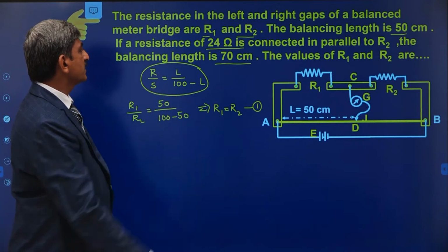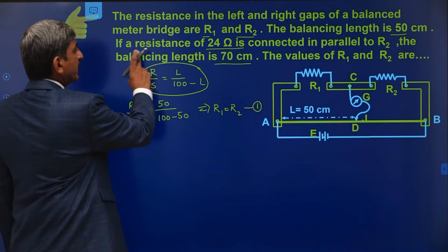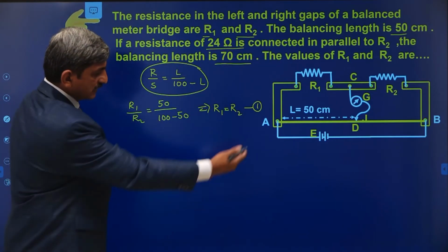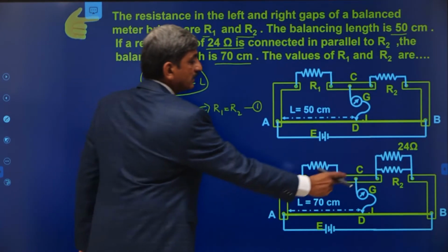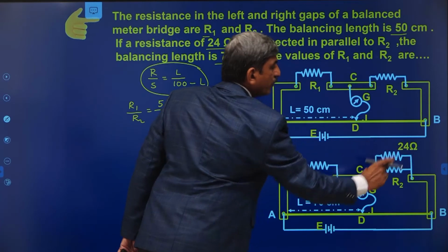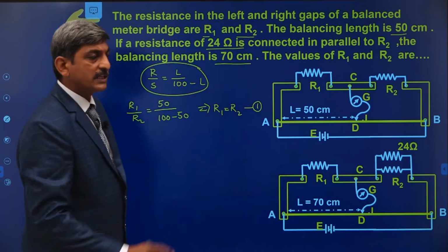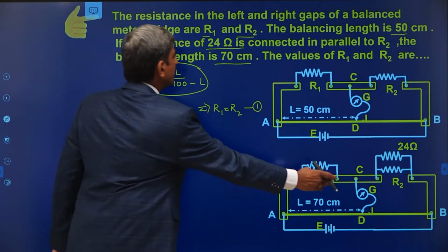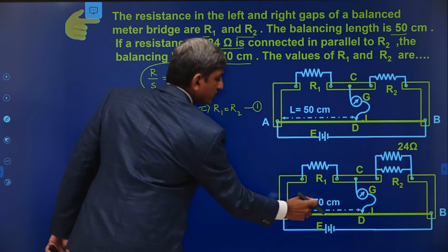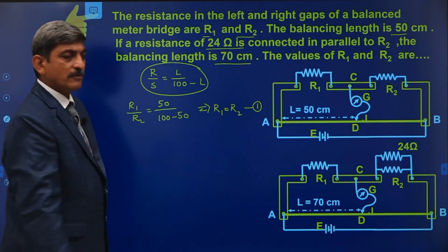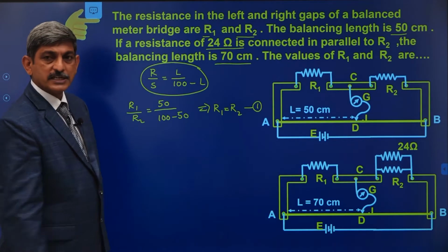Now, in the second case, what is given? If a resistance of 24 ohms is connected in parallel to R2, see that. Here, in parallel to this R2, a resistance of 24 ohms is connected in the right gap of the meter bridge. Under that condition, the balancing length is found to be 70 centimeters. Now, for the second case, again apply the balancing condition.